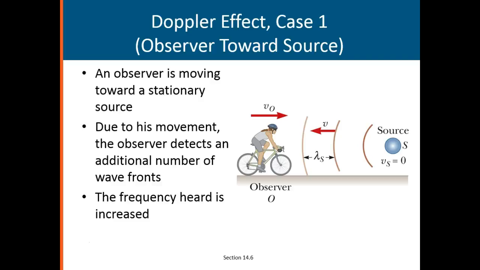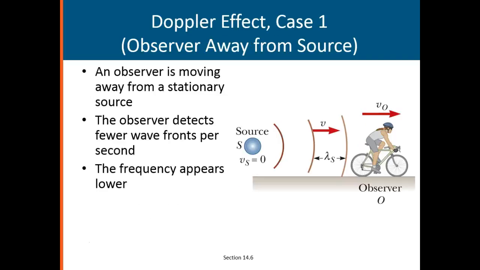So, that's case one. The cyclist, the observer, is moving toward the source. But what if you pass the source and now are moving away from it? Then the wave has to go further before it catches up to you because you're moving in that same direction, so the frequency seems to be decreasing.